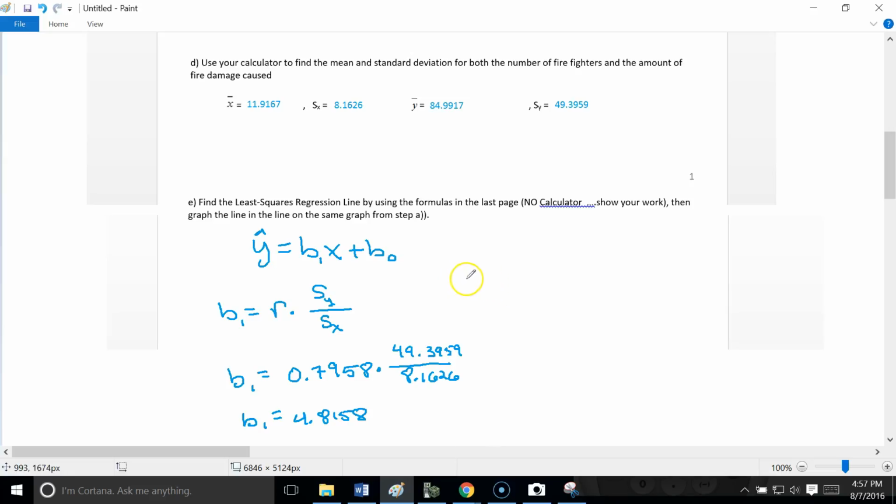Okay, so now that we have b sub 1, we can go over and find the value of b sub naught, where we are told that b sub naught is equal to y bar minus b sub 1 times x bar. And again, we have all these values up from page 1.